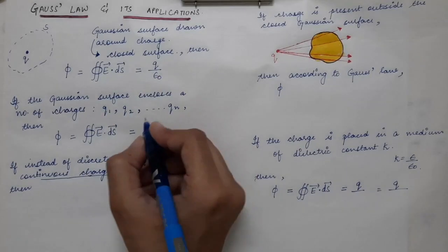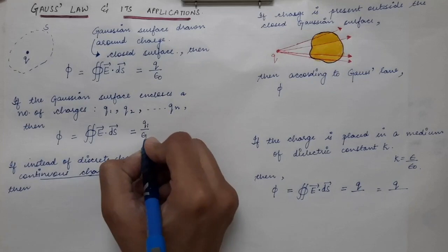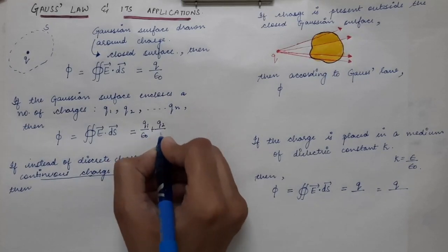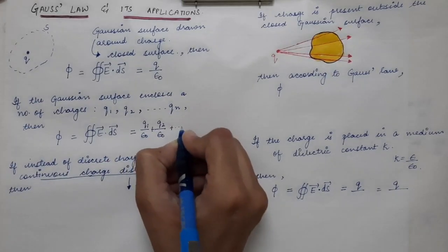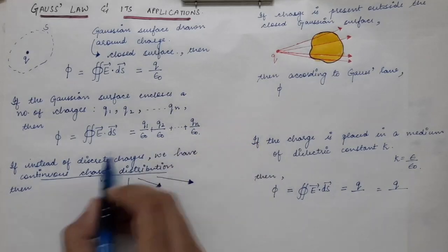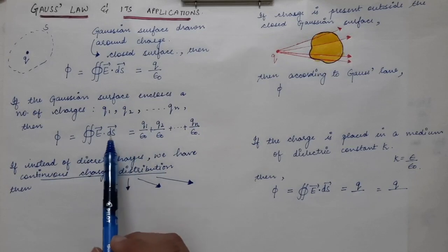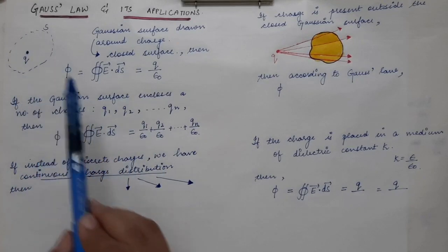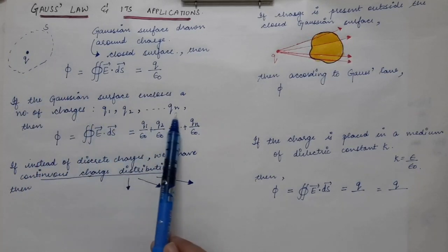So this will be equal to q1 by epsilon naught plus q2 by epsilon naught plus q3 by epsilon naught, and so on up to qn by epsilon naught. This will be the flux linked with the closed Gaussian surface when we have a large number of charges.